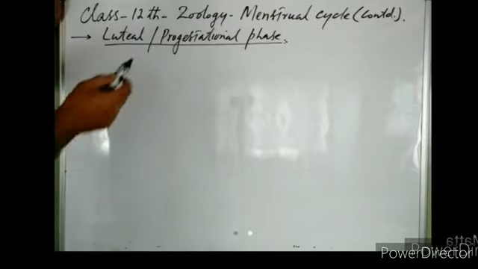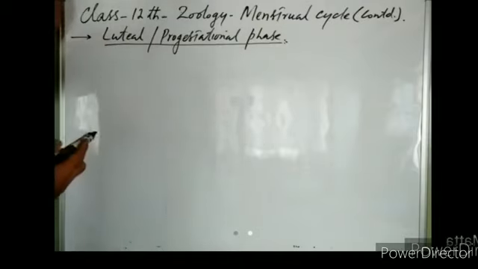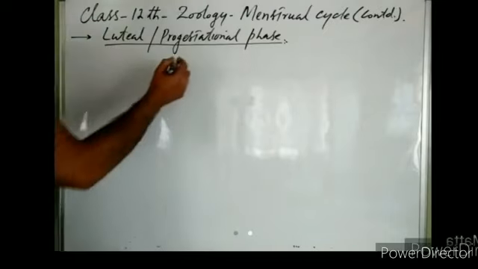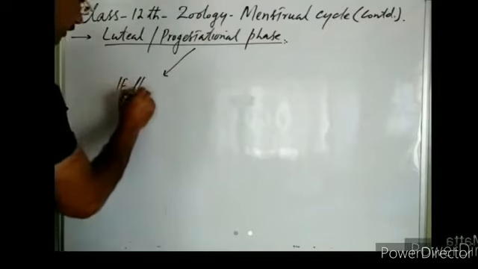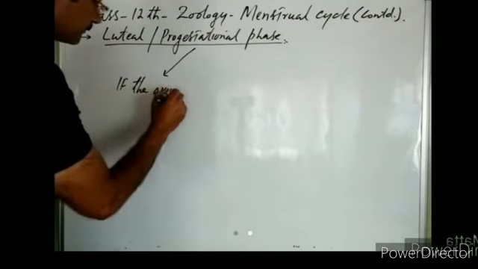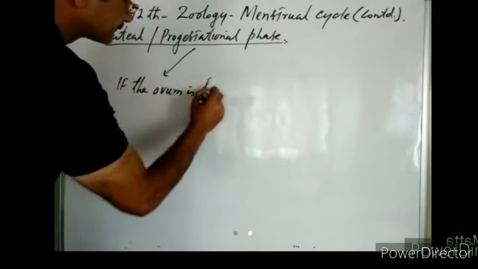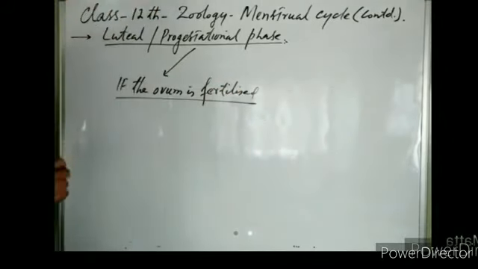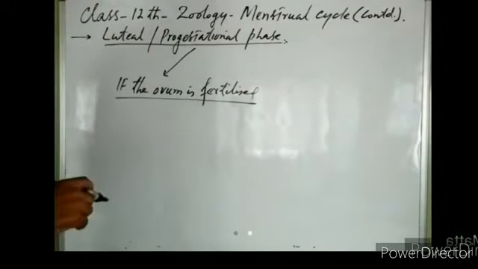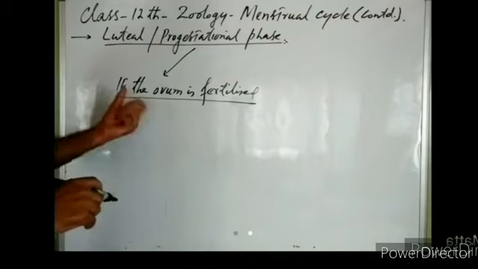Now two conditions arise in this phase, in the luteal phase or progestational phase. If the ovum is fertilized... since the ovum has been released in the ovulatory phase on the 15th day of the menstrual cycle, right?